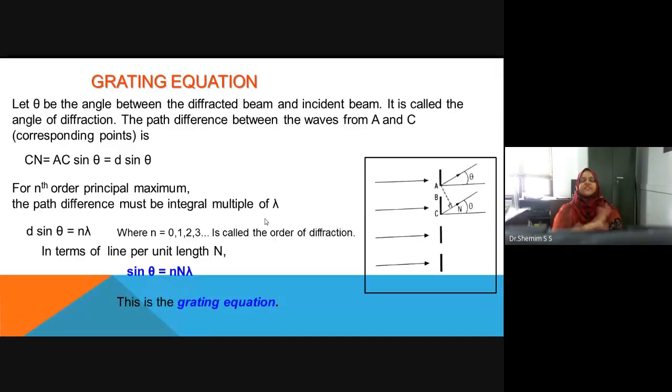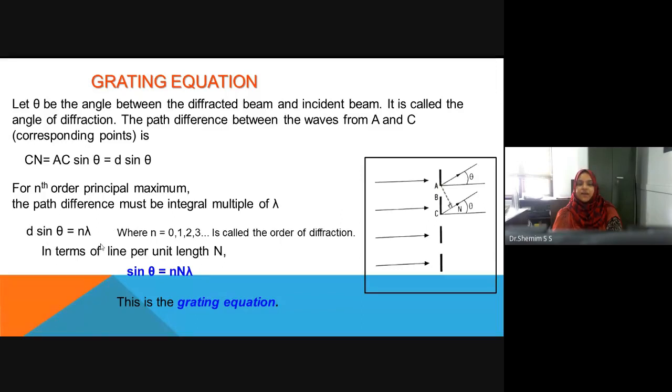If the path difference is an integral multiple of lambda, we will get a point of maximum intensity, that is a principal maximum, or the nth order principal maximum will be obtained if path difference equals n lambda. Here we know that the path difference is equal to Cn, which is in turn equal to D sine theta, so D sine theta is equal to n lambda.